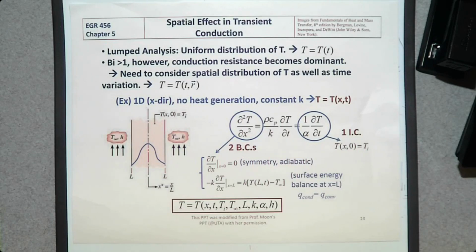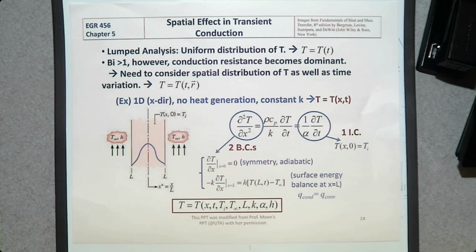So how many variables to determine time t and temperature T? X, location, time t, initial temperature, surrounding fluid temperature, the size of the solid, and the material properties, and the convection heat transfer coefficient. So how many variables? 1, 2, 3, 4, 5, 6, 7, 8. Are you happy with them? No, I'm not happy.